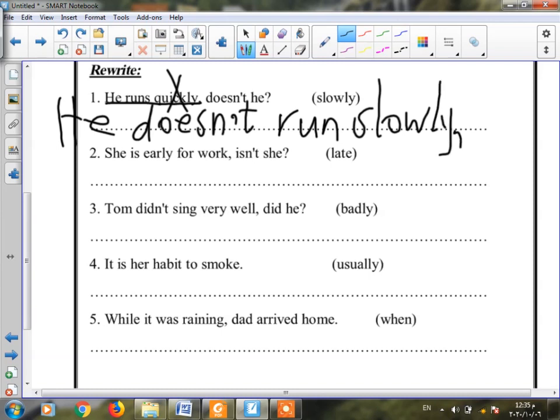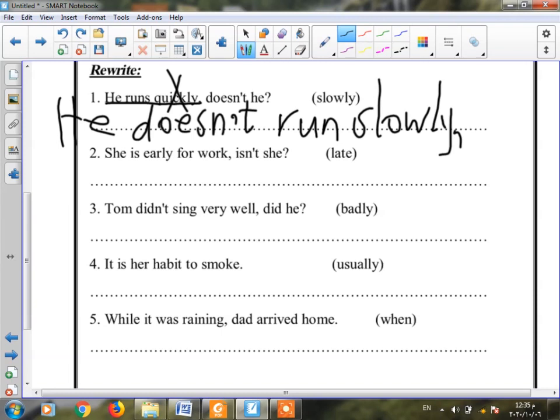Why did I write the word doesn't here? In order to keep the meaning of my sentence as it is. If you read the original sentence accurately, you'll find it, he runs quickly. This is the same meaning as he doesn't run slowly.